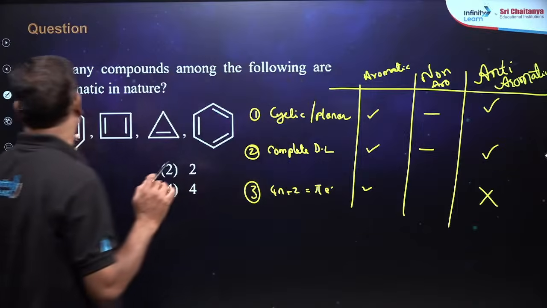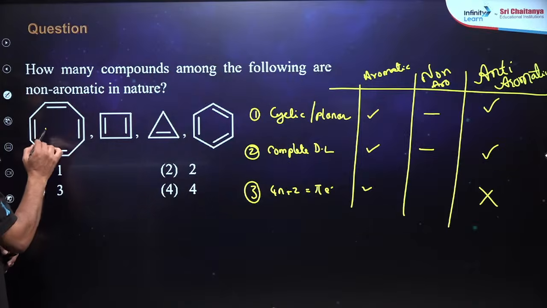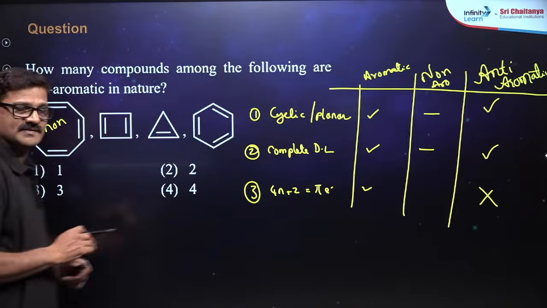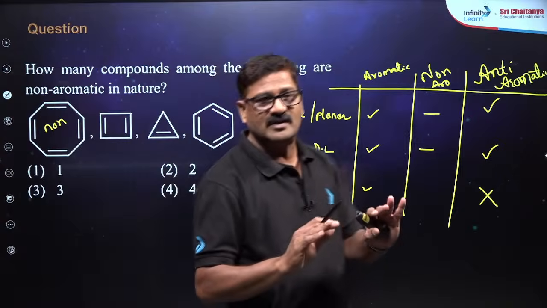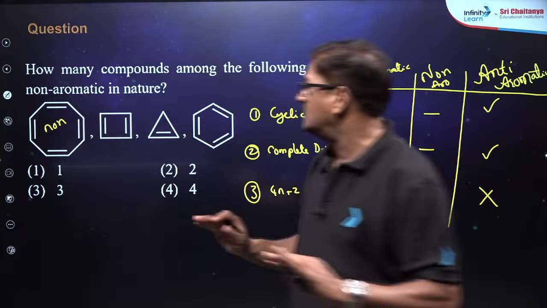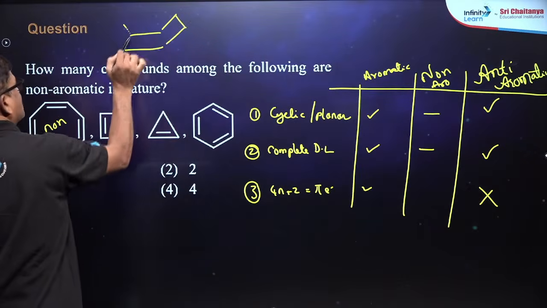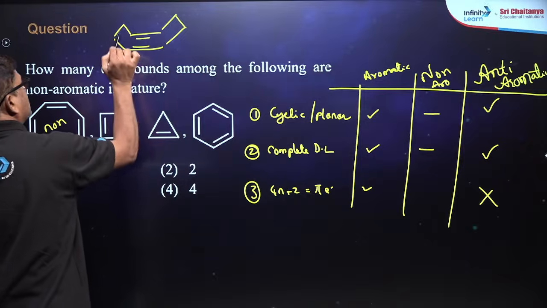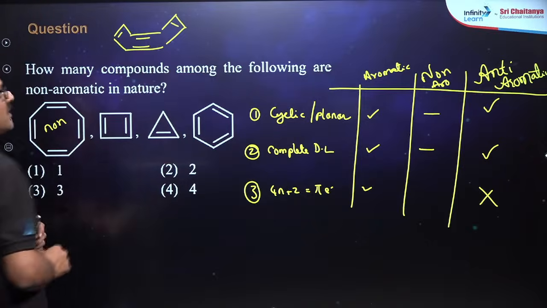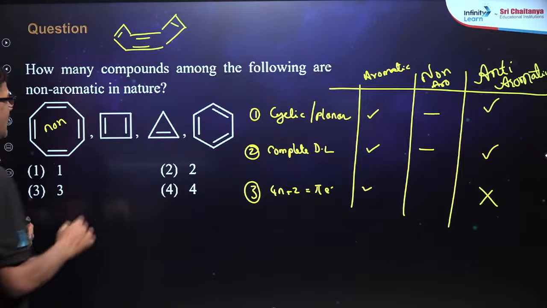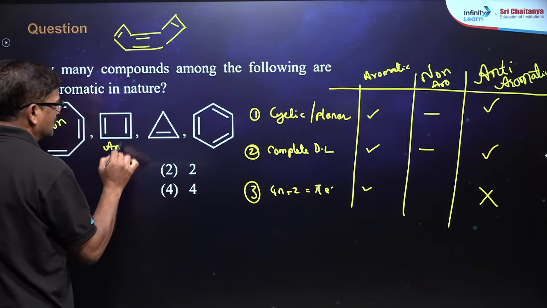Now, among these, cyclooctatetraene is non-aromatic. Is it planar? No, it has a non-planar structure. It is popularly known as a bathtub. So it is non-aromatic. And this one is anti-aromatic.